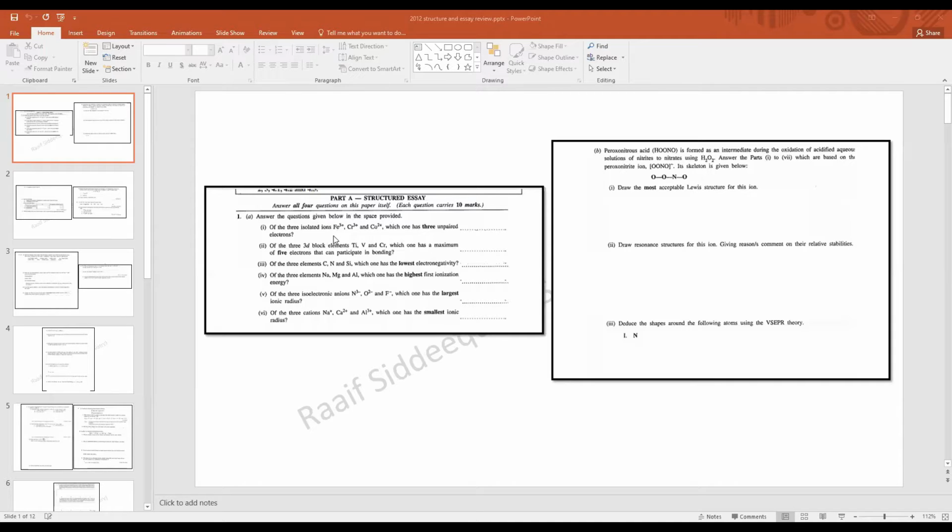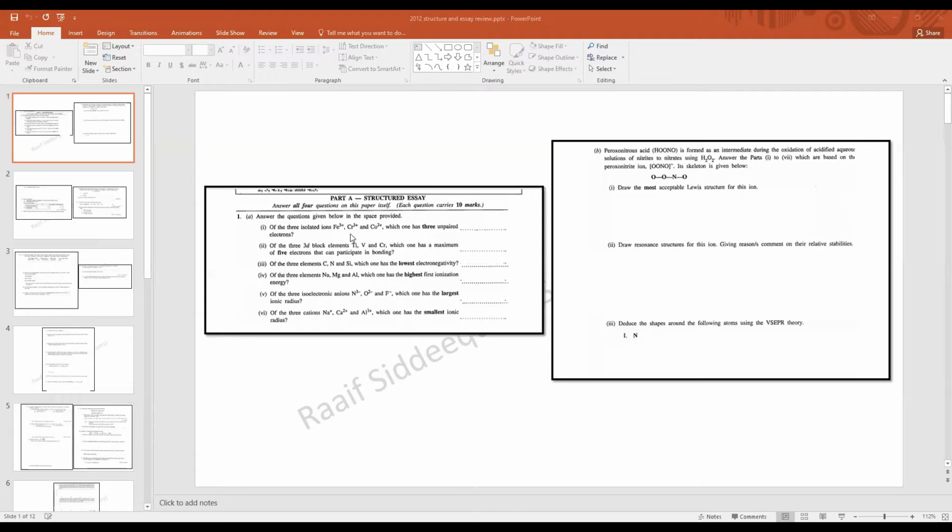So Fe3+: iron is 4s2 3d6, so you get the electronic configuration of the atom first, then you remove the electrons. But remember, when you are removing electrons, they are removed first from 4s, then 3d. So you can quickly get the answer for that.